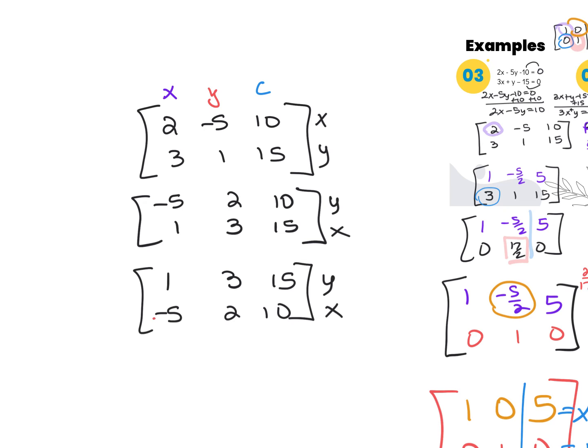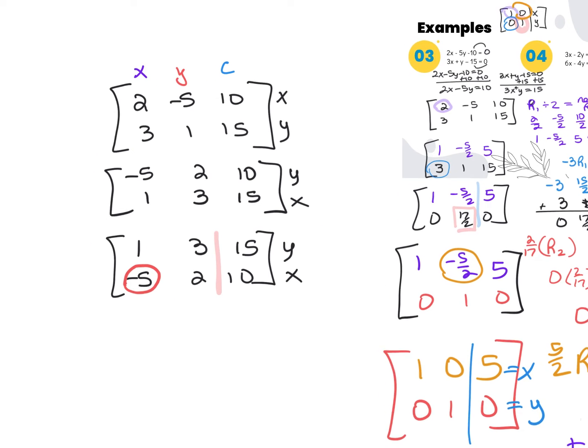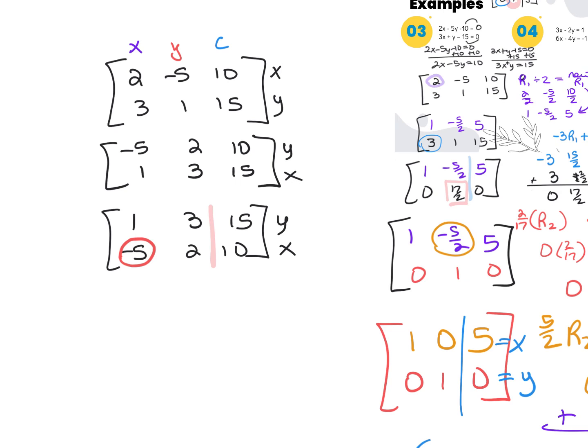My next step is to make this -5 become a 0. So in order to do that, I'm going to take my row 1 and multiply it by +5. So +5 times row 1, and then I'm going to add that to row 2 to get my new row 2.